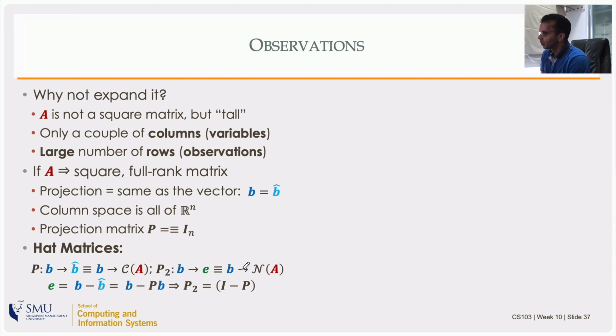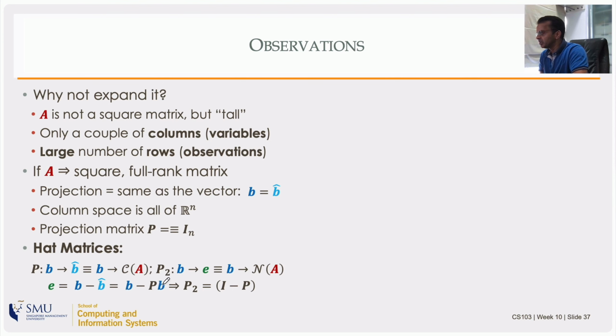Now, there is one little thing that I want to highlight because you might come across this. There are what people call hat matrices. The projection matrix is called the hat matrix because P is the one that takes a vector and gives you its hatted version. So because of that, people, especially statisticians, call P a hat matrix. What it does is it takes a vector and gives you a vector in the column space, the projection matrix.